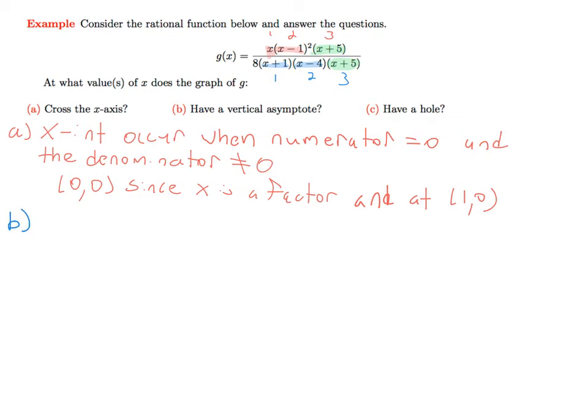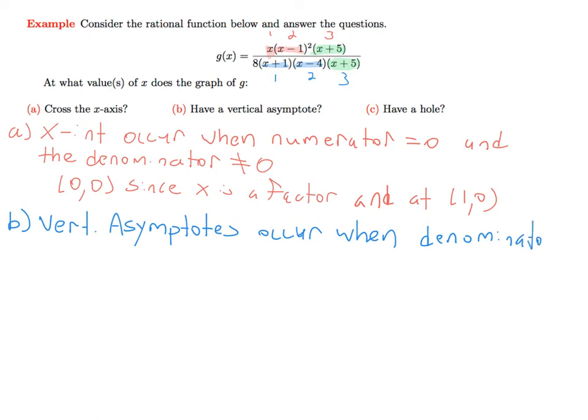Vertical asymptotes occur when the denominator is equal to 0 and the numerator is not 0.